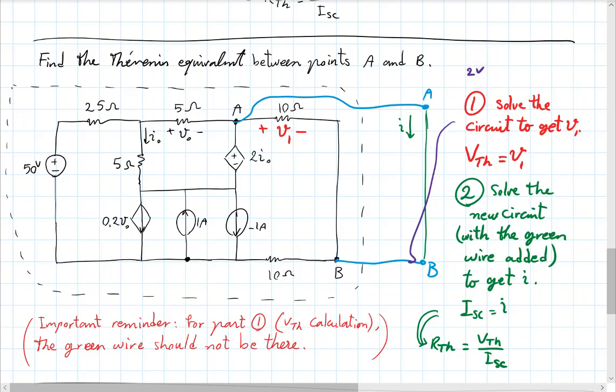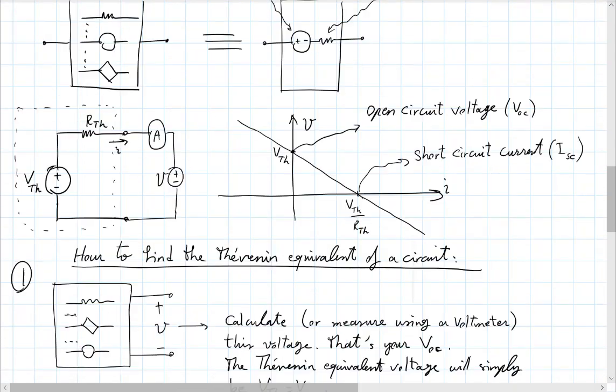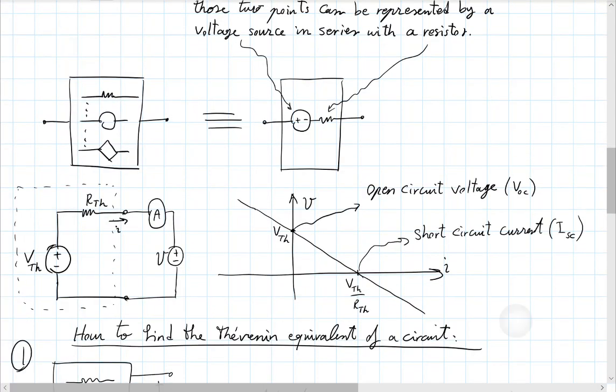And again, I'd rather not list these as exceptions and get too excited about them, but just point them out as some special cases. So in that case, you just have a voltage source. R Thevenin is 0. And if you go to the characteristics, what happens?